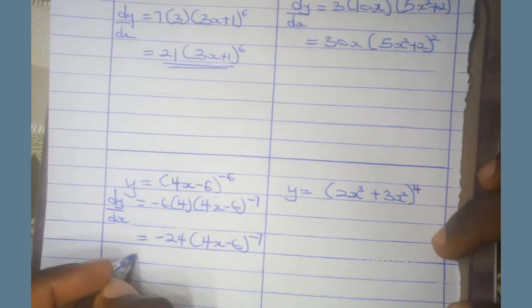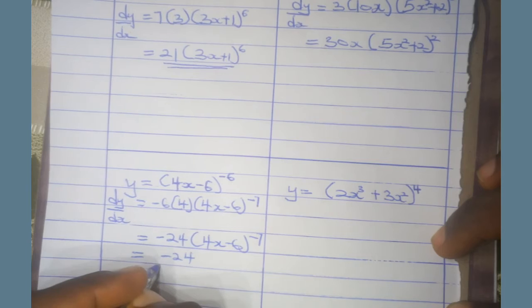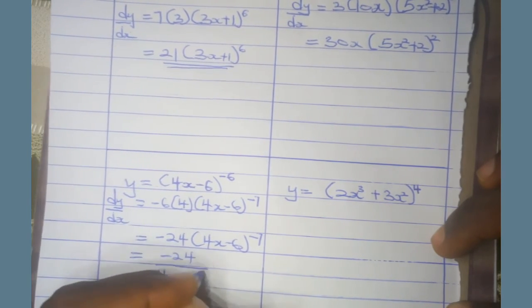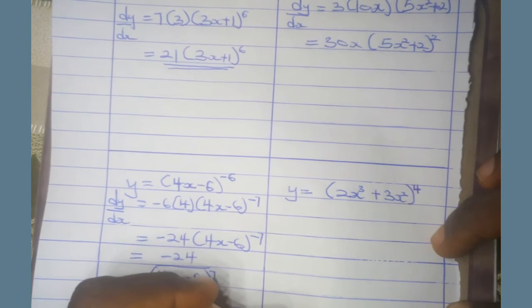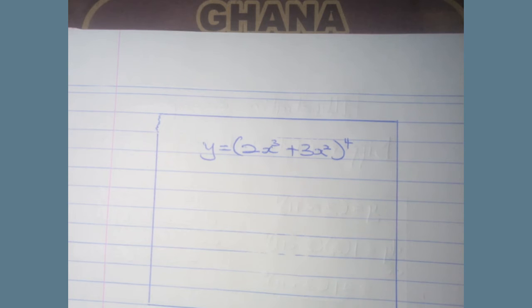And this expression can be written as negative 24 all divided by (4x minus 6) all raised to the power 7. Good. Now let's try the last question.